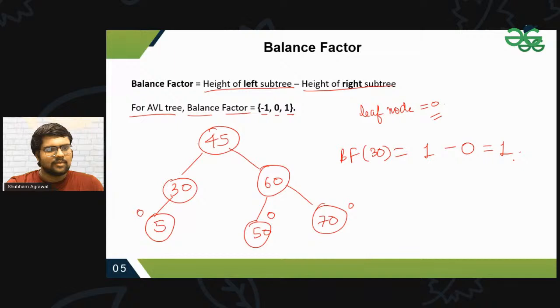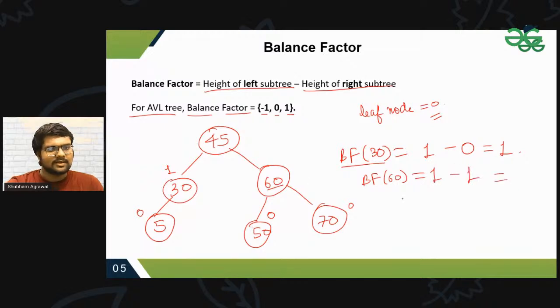Now we will compute the balance factor of 60. The balance factor of 60 will be the height of the left subtree minus the right subtree. The height of the left subtree is 1, and here also the height of the right subtree is 1, because one node is there.